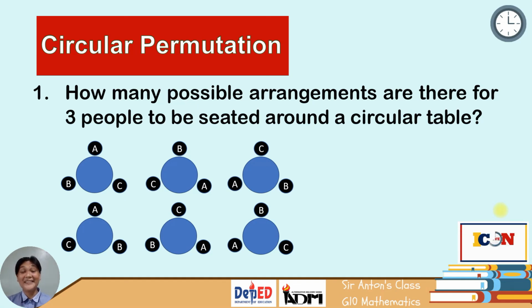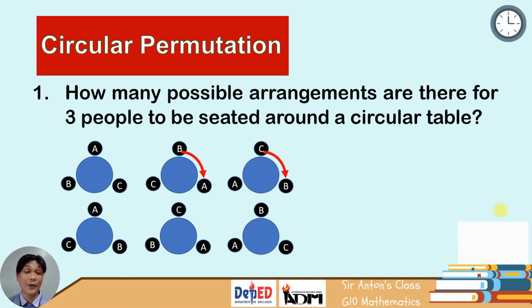That's not it. Take note that, okay, in the first row, the first arrangement where A is on top, C is on the right, and B on the left, it's just tilted or moved clockwise so that B would be on top. And then another turn clockwise, C would be on top. So technically, there is just one arrangement there.